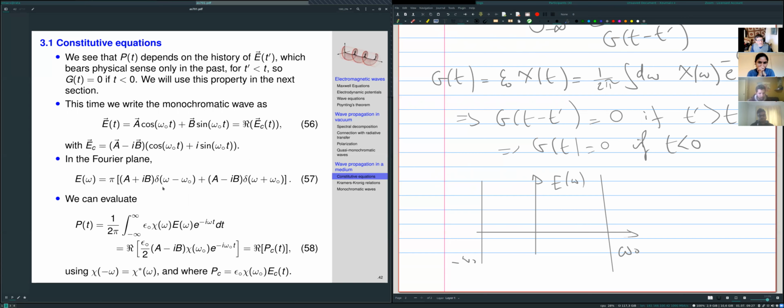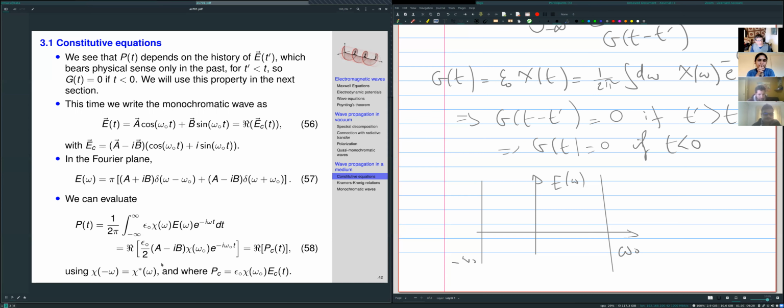Since we have delta functions, this is quite easy to evaluate, and we are left only with the susceptibility at the harmonic frequency. Of course, we always take only the real parts for the physical signal.